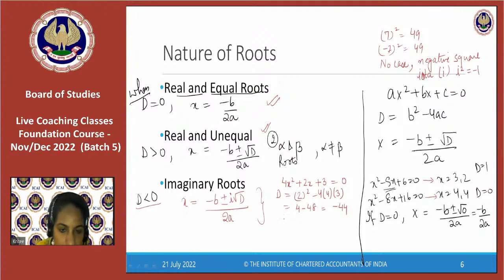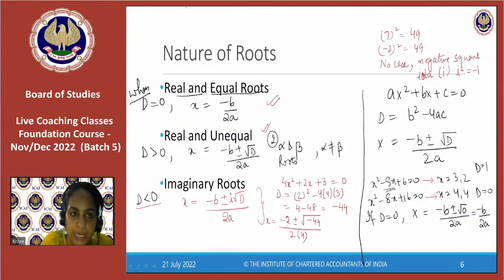Okay. Now for x, I have to say minus b plus or minus square root of minus 44 by 2 into a. Now you will have to understand the working of 44 itself. 44 is 4 into 11.